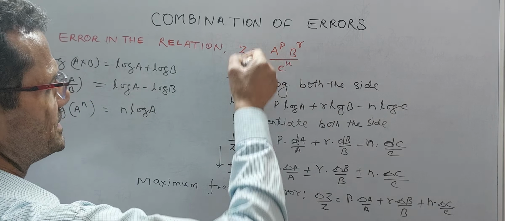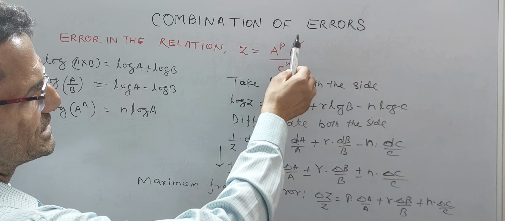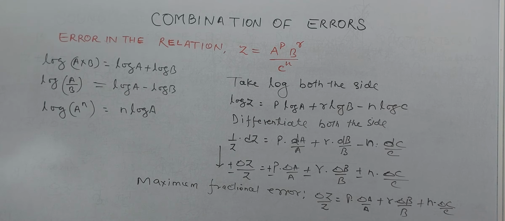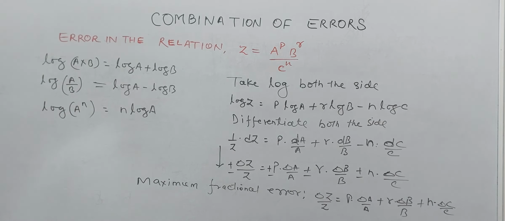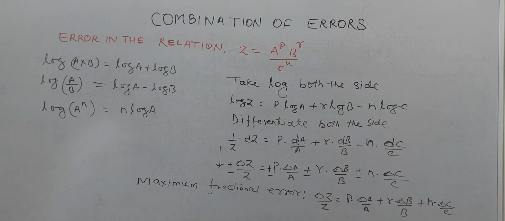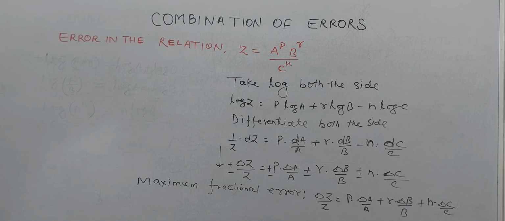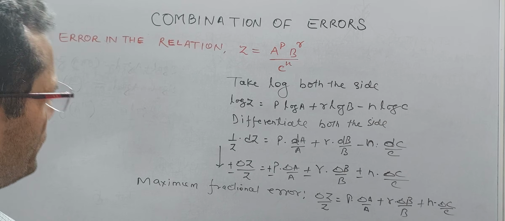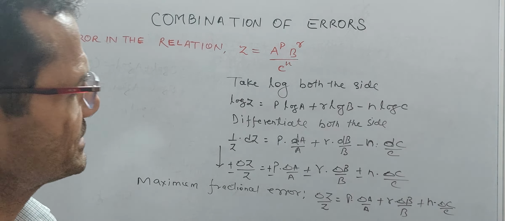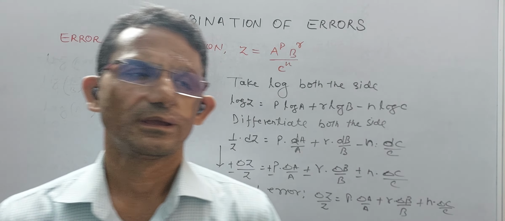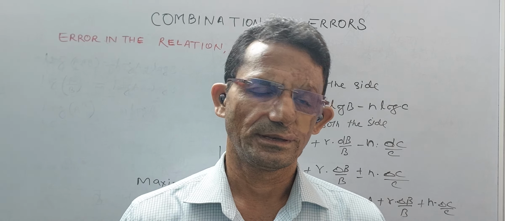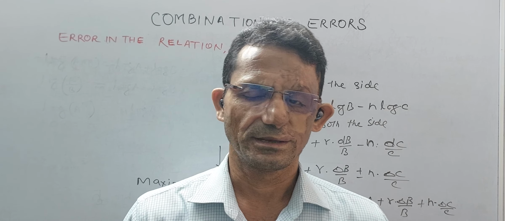So in these relations, if there are products and division, and also raised to the powers, in such cases we have to use this formula. It is a ready-made formula. Using this relation, we can find the resultant errors in resistances in series and in parallel.